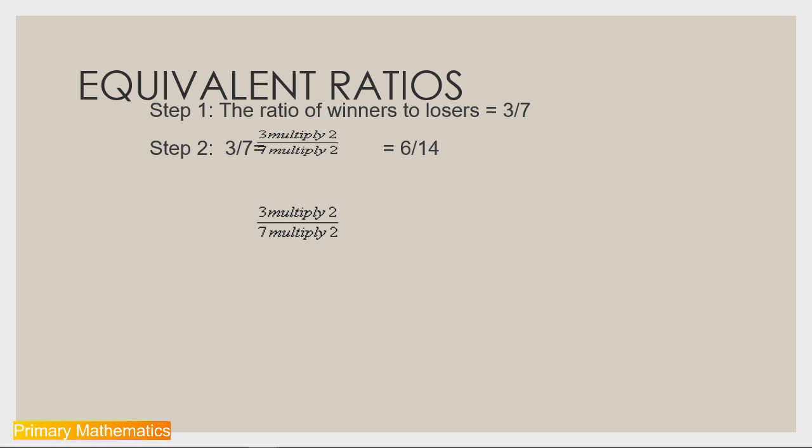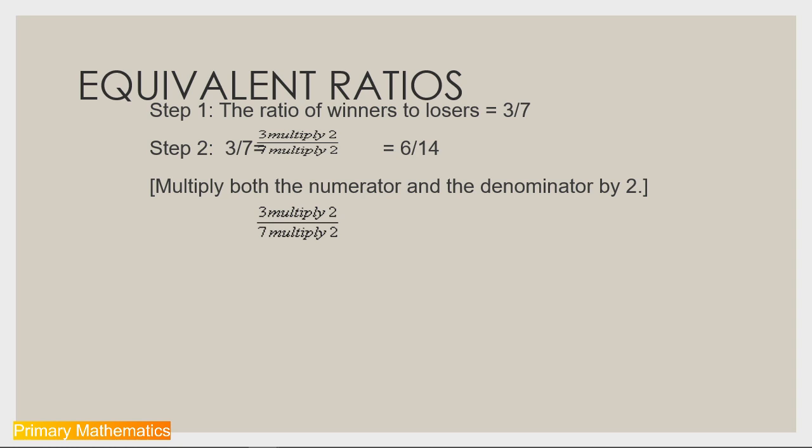So 3 multiplied by 2, we would get 6. And 7 multiplied by 2 would end up with 14. So multiply both the numerator and the denominator by 2.